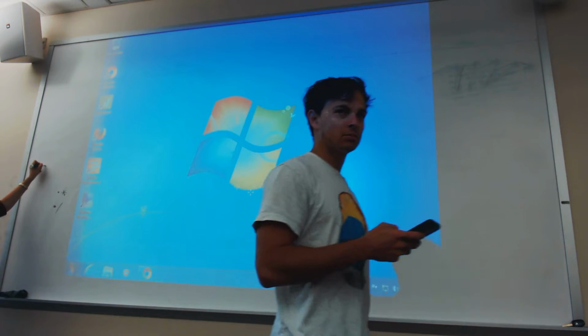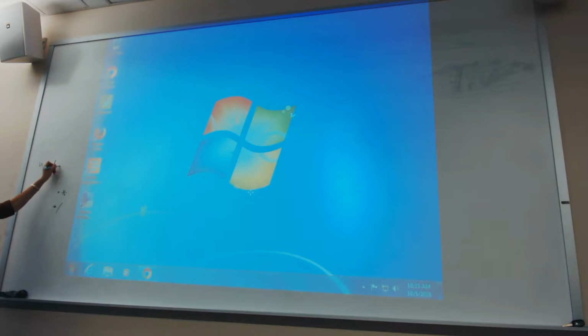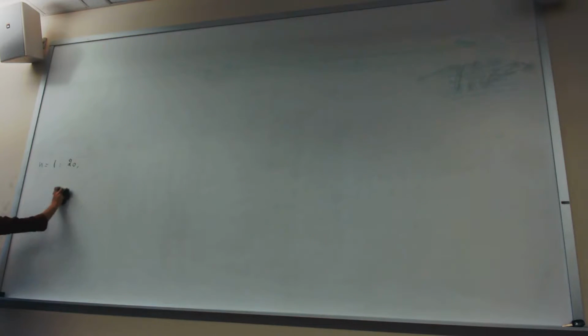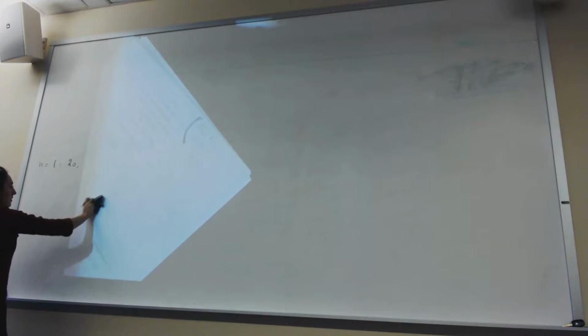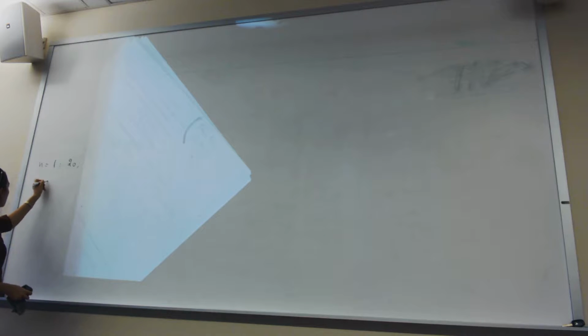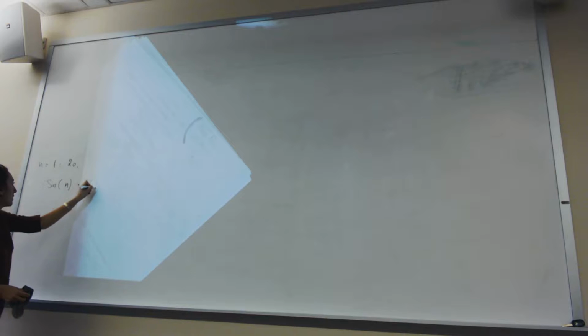When you have a vector, say 1 to 20, and then whatever you want, sine of n divided by pi n.